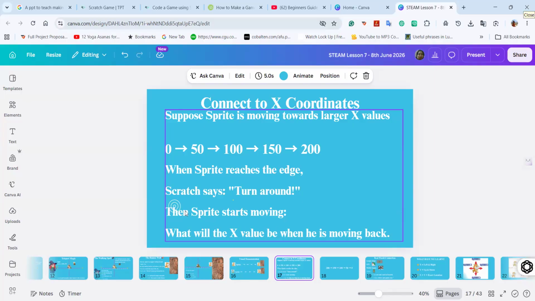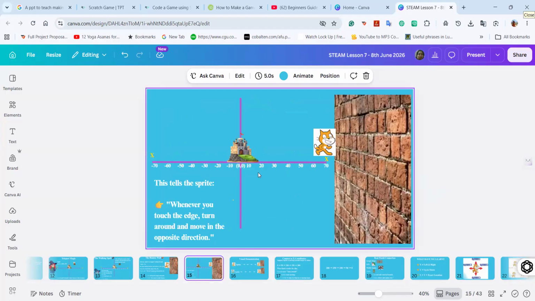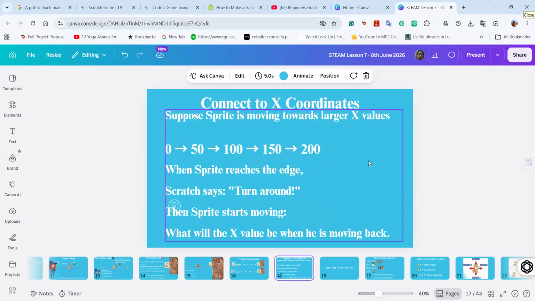Now tell me, what will the x value be when it is moving back? Scratch is going from here to 50, 100, 150, 200. And then when it's moving back, which value will it come to first?